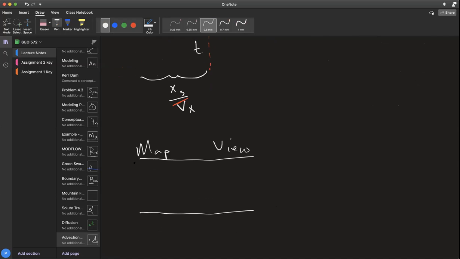So here we are in map view, and I'm going to draw some axes here. This is X, and this is Y, right? And so at some time T0, and remember that we have groundwater flow, Q sub X, moving in this direction.